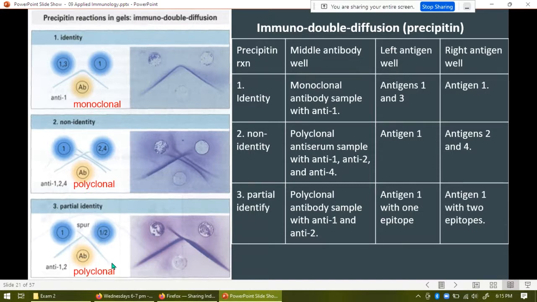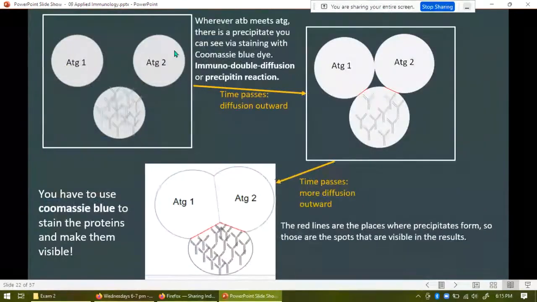So you can see that these antigens are sort of the same size here, and that's why you have this little spur coming off of it, because that is anti-2 antibodies and antigen 2 coming together and precipitating. Okay, you don't see the spur on the other side because there's no antigen 2 over here coming from this well, right?